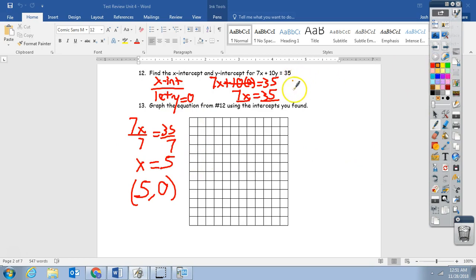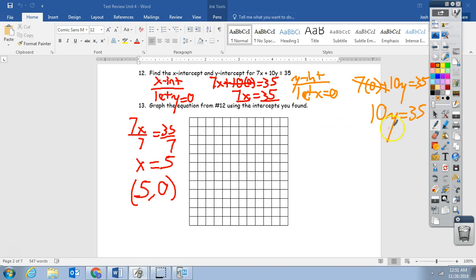How do you find your y-intercept? To find the y-intercept, we let x equal 0. So we plug in 0 where the x is. Now what is 7 times 0? Nothing. That leaves me with 10y equals 35.